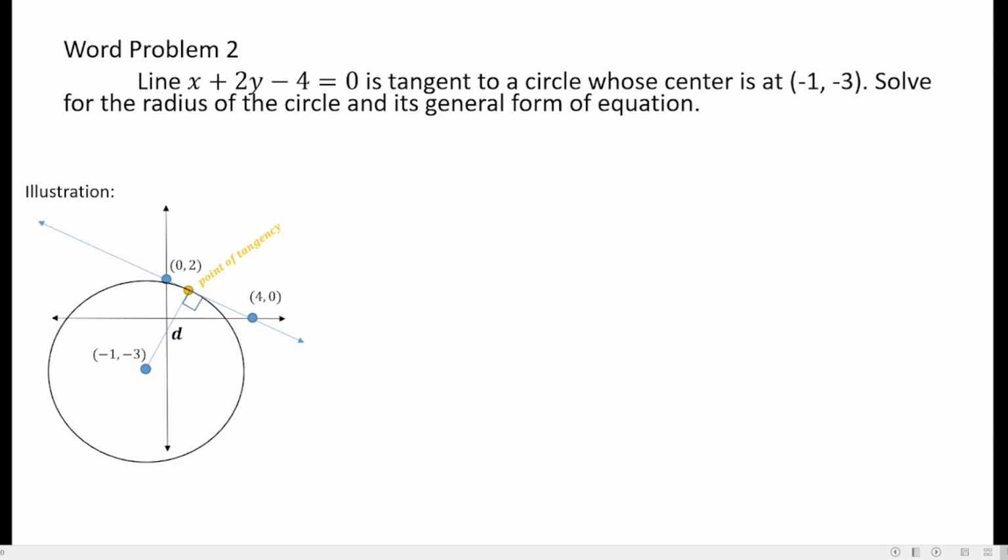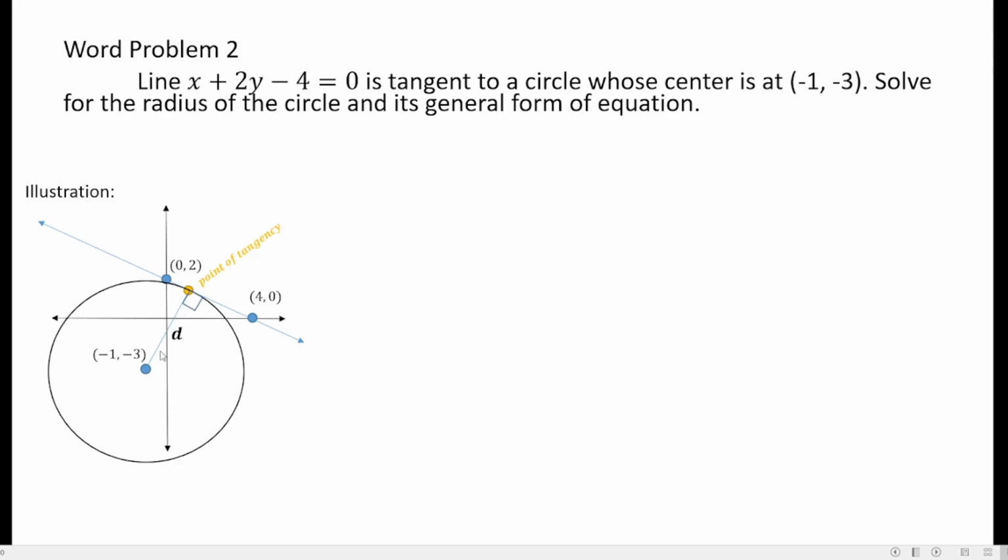Now, if that is the shortest distance, remember the formula, right? In the preparation, I actually showed you the shortest distance from a point to a line. Because notice that if this is the center, a center is always a point, and this one is a line. And since this is forming a 90-degree angle, we are just solving for the distance from a point to a given line.